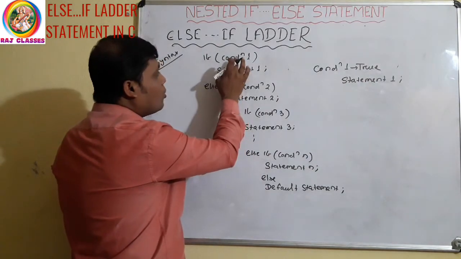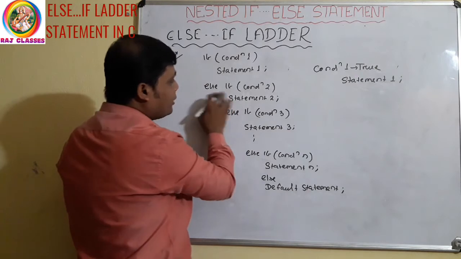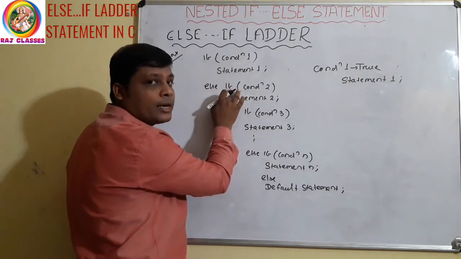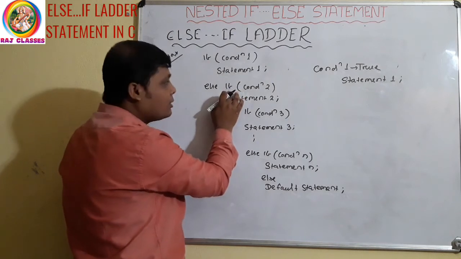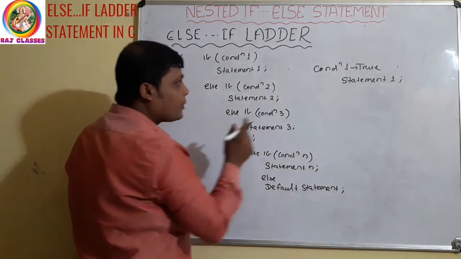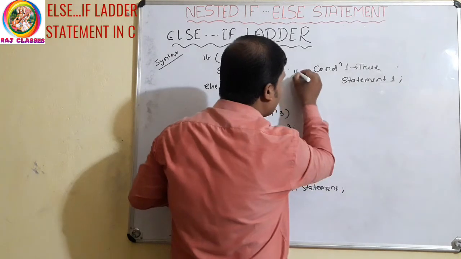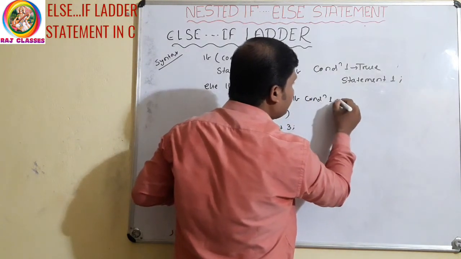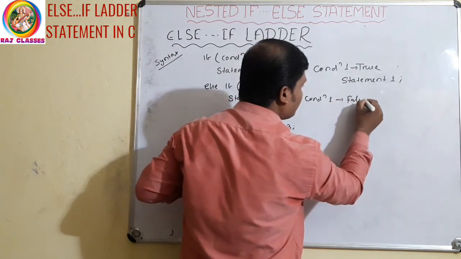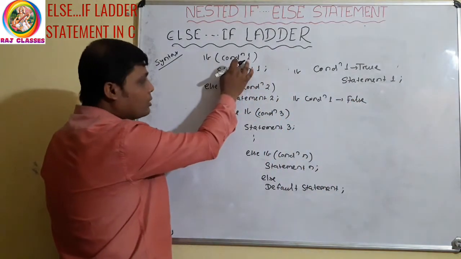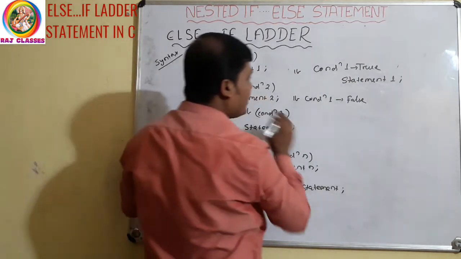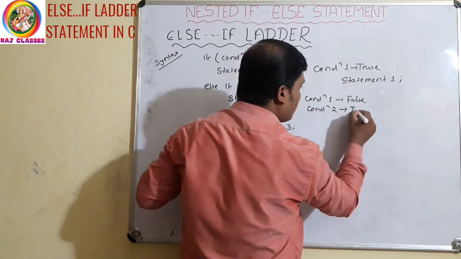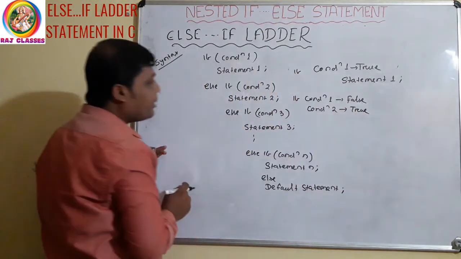If condition 1 is false, it will go to this else part. There is another if, so it will check the second condition. If condition 2 is true, what will happen?